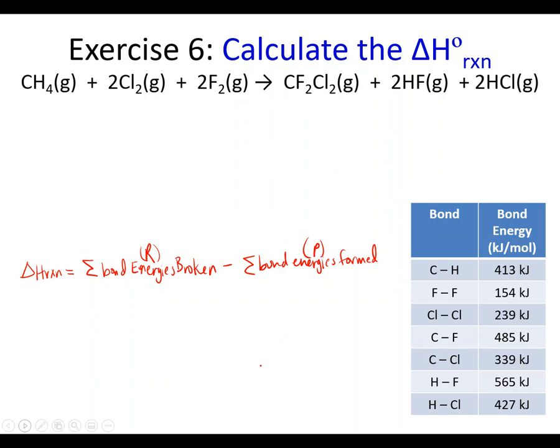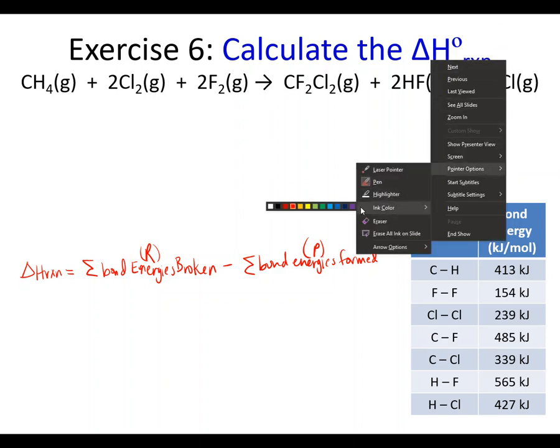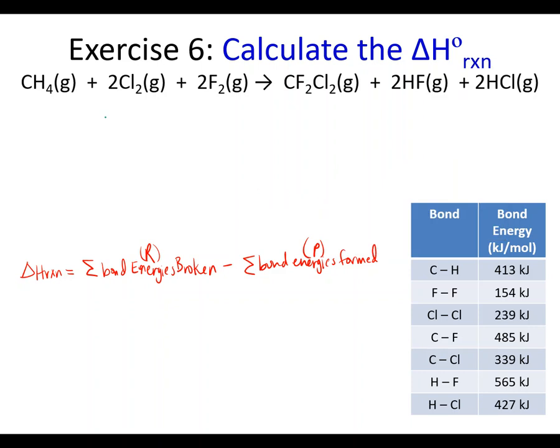Now, to determine the number of bonds and how much bond energy you need, you really need to know the structure of your chemicals up here. So I'm going to start the reactants, and I'm going to use a different color for reactants than I do for products, so I'll use green over here. Methane, CH4. If you can't look at that formula and be like, oh, that's 4 C to H bonds, then my suggestion to you is to draw out a structural formula.